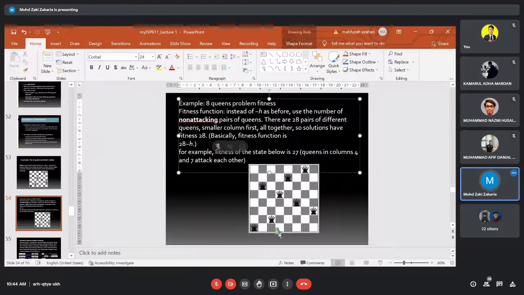Column number 4 kat sini and number 7. Ni. So kiranya 1. So that's why the fitness function equal to 27. H mean attacking each other. H. Clear? Clear.